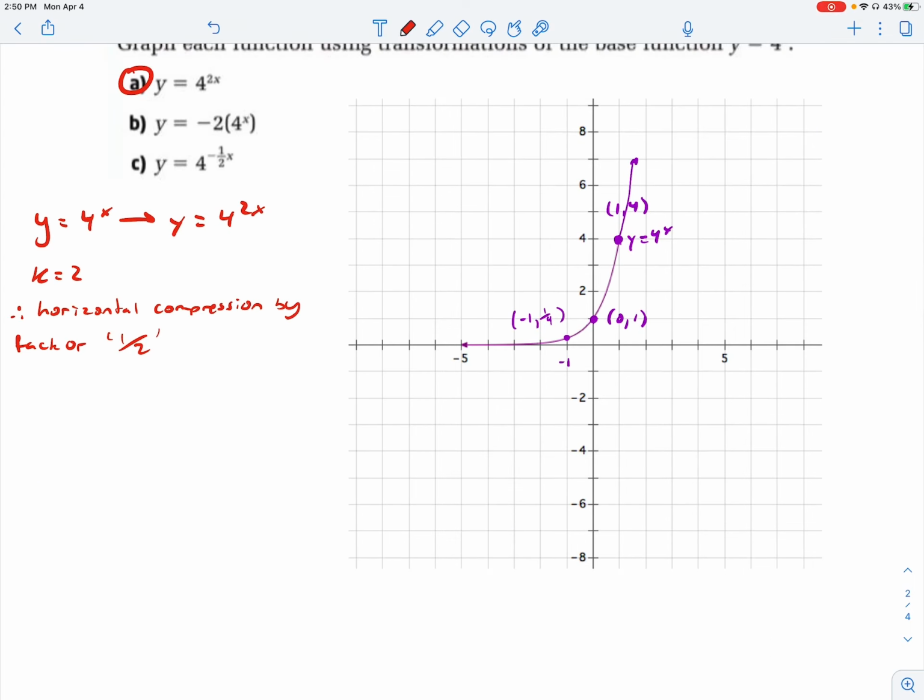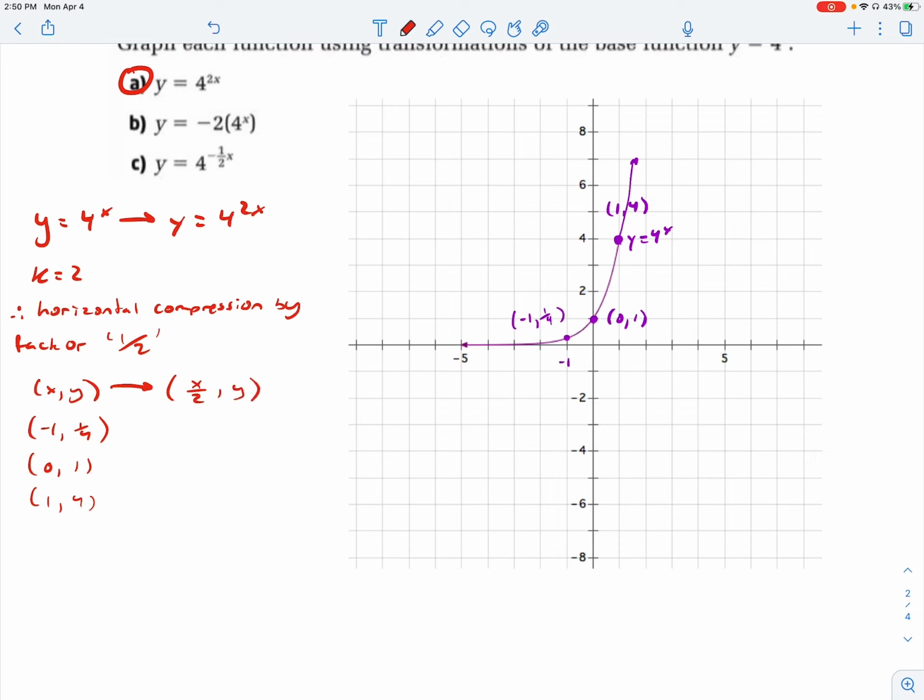All right, so we have our base points that we're going to use. That was negative 1, a quarter, 0, 1, and 1, 4. So all those get mapped over to new points. It is a horizontal compression, so we're going to be dividing x by 2.